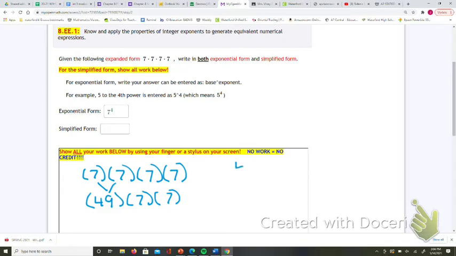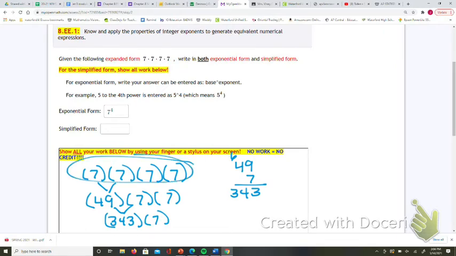So we're going to come over here. 49 times 7. 7 times 9 is 63, carry the 6. 7 times 4 is 28, plus 6 is 34. So now we have 343 times 7. Notice we had 7 times 7 times 7 times 7. That's what we started out with.